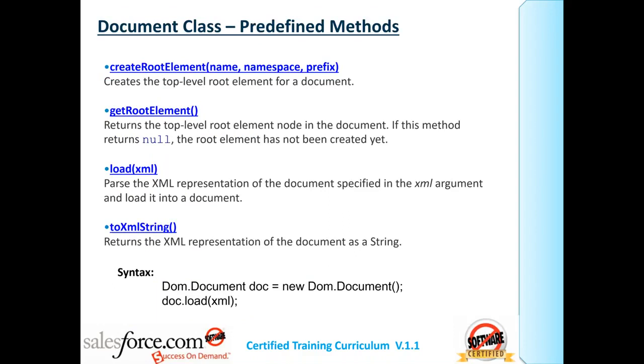What are those? createRootElement, getRootElement. Create is serializing, get is deserializing. Get means bring, create means generate. So create means it will create an XML, whereas get means from an XML, get the data. One is serializing, one is deserializing.